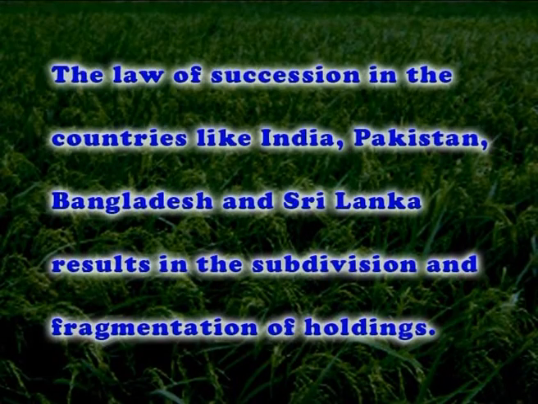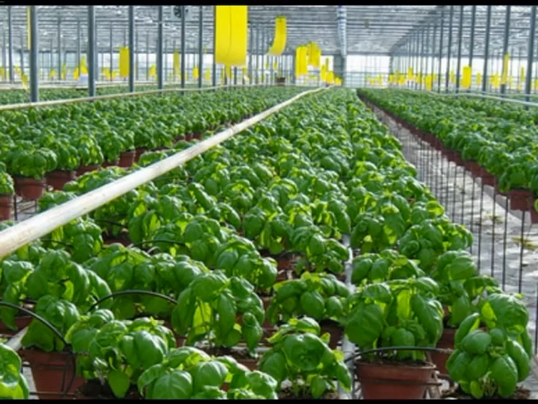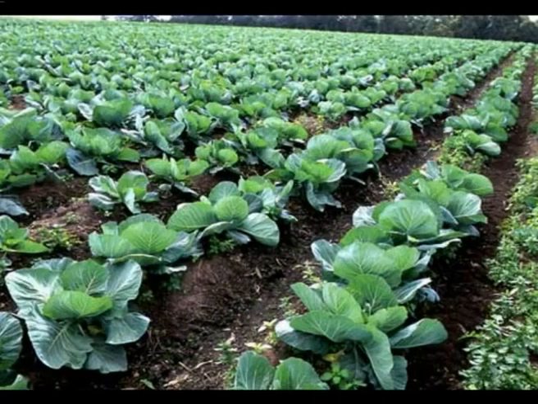The law of succession in countries like India, Pakistan, Bangladesh and Sri Lanka results in the subdivision and fragmentation of holdings. According to the law of inheritance in these countries, the property of the deceased is equally divided among the male heirs. This division and subdivision results in further fragmentation of land.